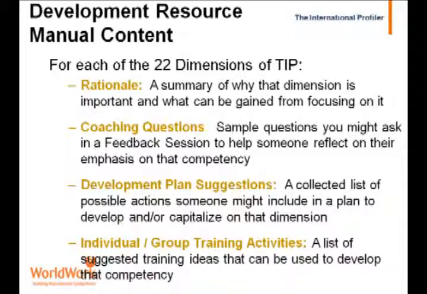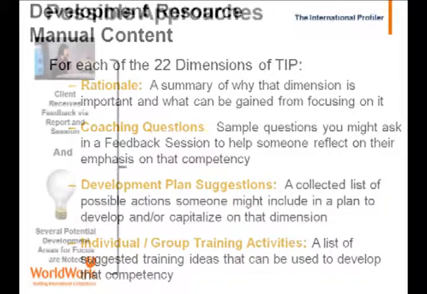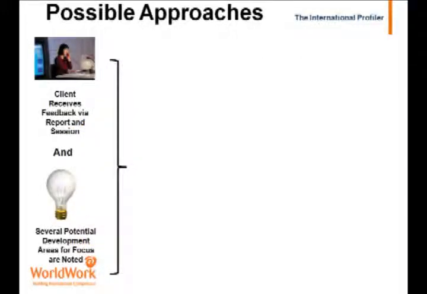So what does this Development Resource Manual contain? For each of the 22 dimensions of TIP, there are 4 major areas. One is the rationale, and that just helps the client understand why focusing on this area could really be important and what could be gained by doing that. You'll also find coaching questions, which are sample questions you might use in a feedback session to help someone reflect on that particular competency.